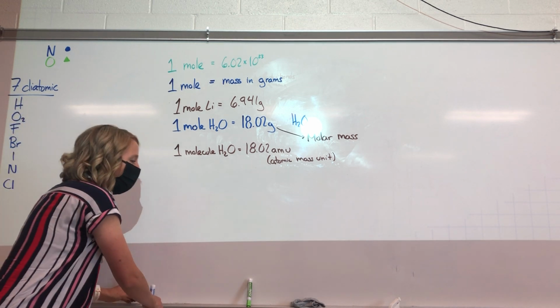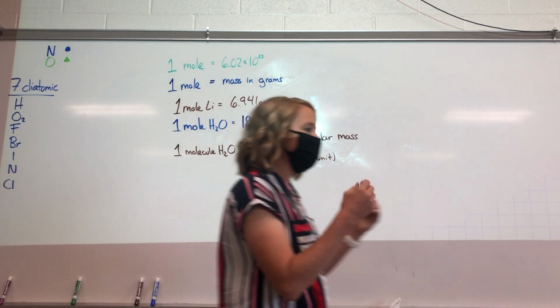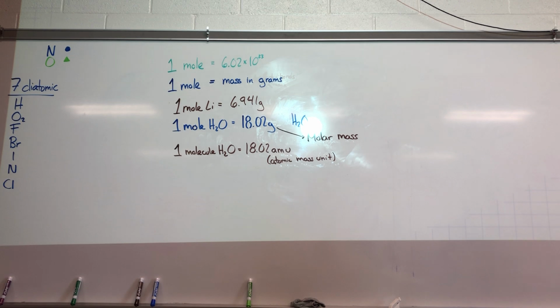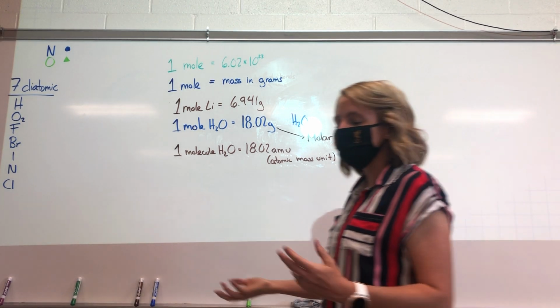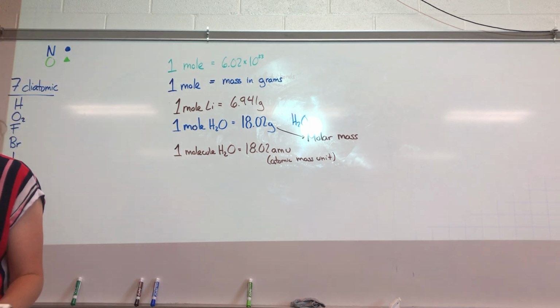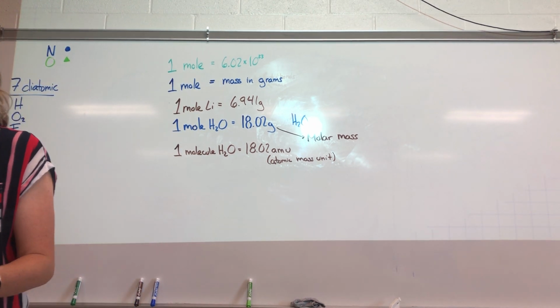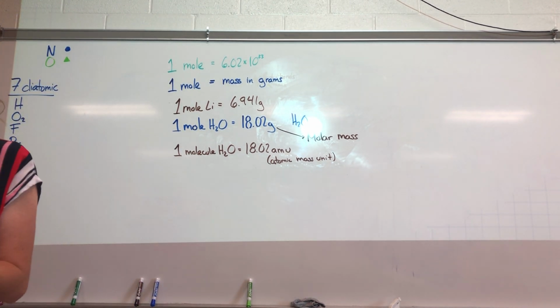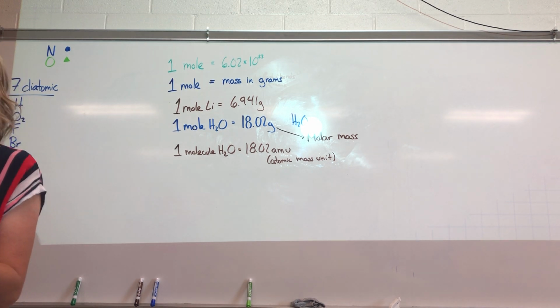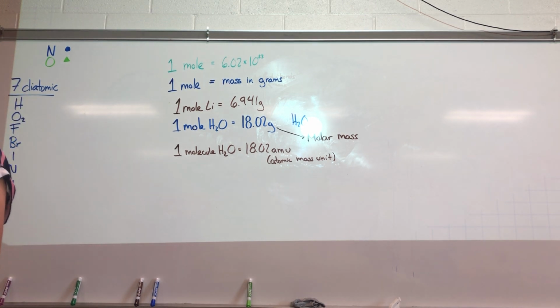Okay, so now what we're going to learn is how to connect these different units together through a series of what is known as conversions. Converting is something that you might be familiar with from other classes. I'm going to teach you a very particular way I want you to set up conversions in this class. After you prove to me that you understand and are good, if you don't want to use this method anymore, you don't have to.